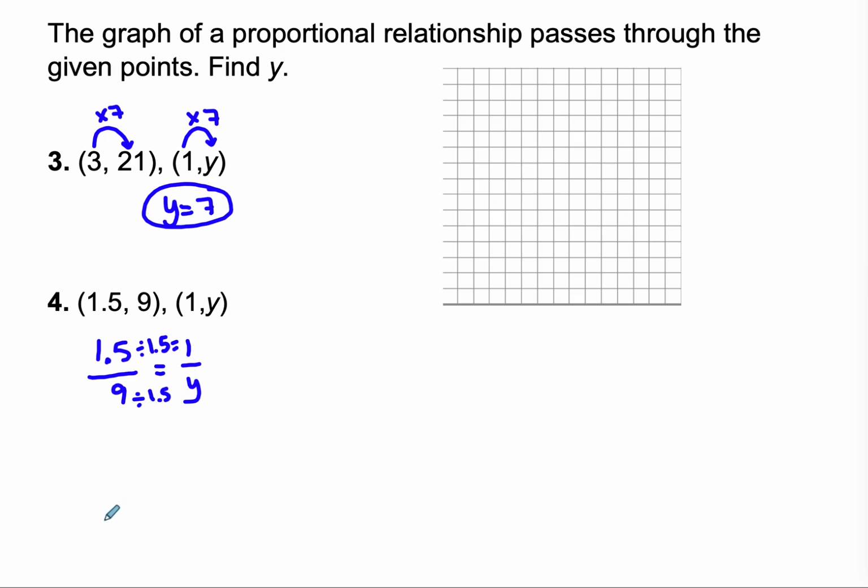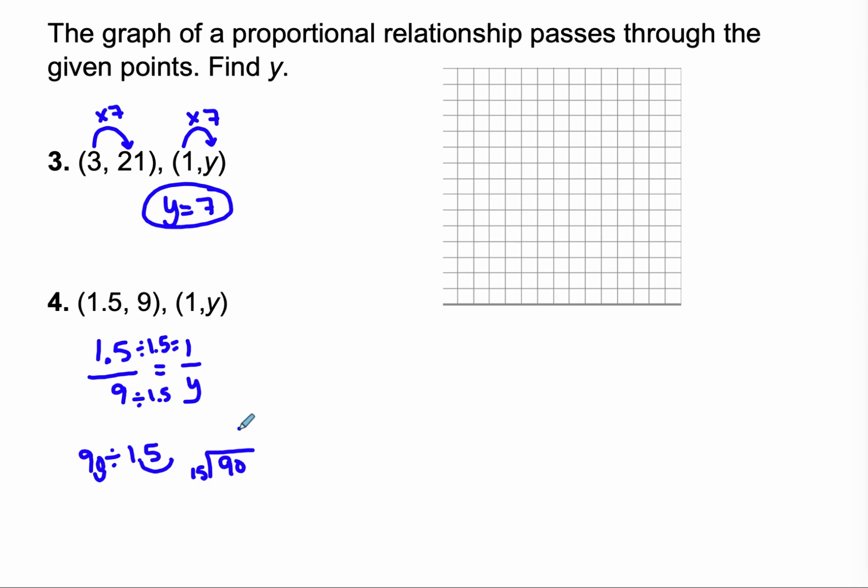All right, so I'm going to move down and do my work below here. 9 divided by 1.5. I need to move a decimal, placeholder 0. So now I have 90 divided by 15. You might have to do a little guess and check to figure that out.